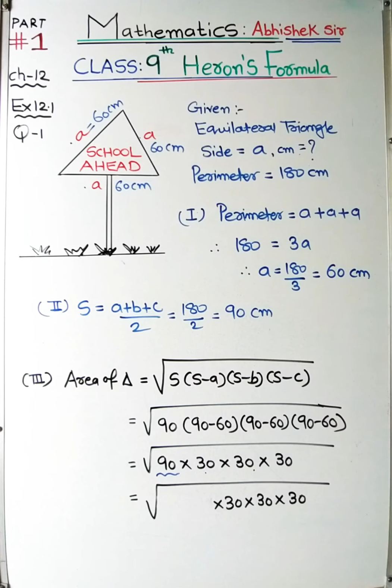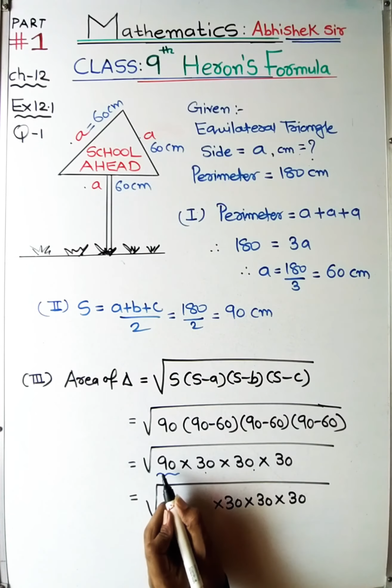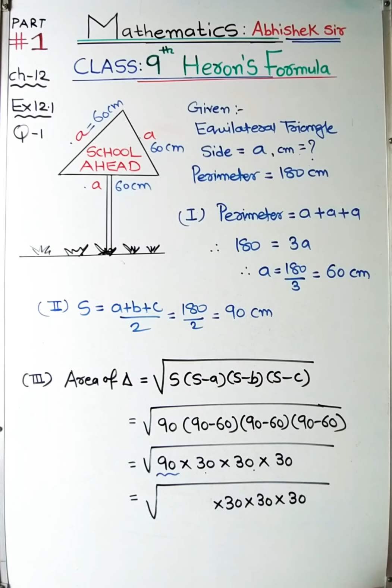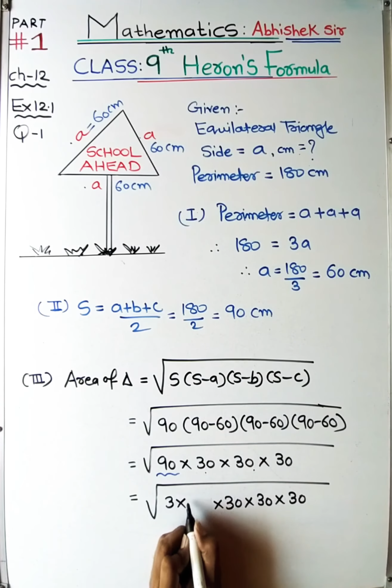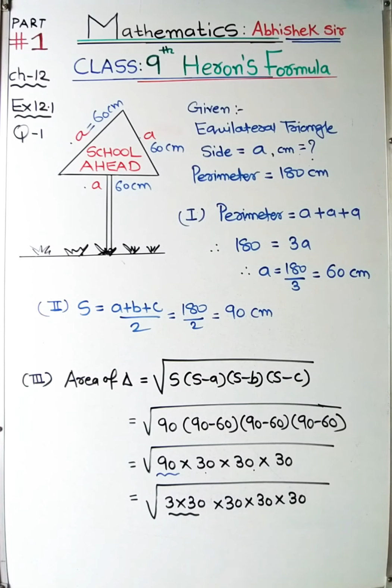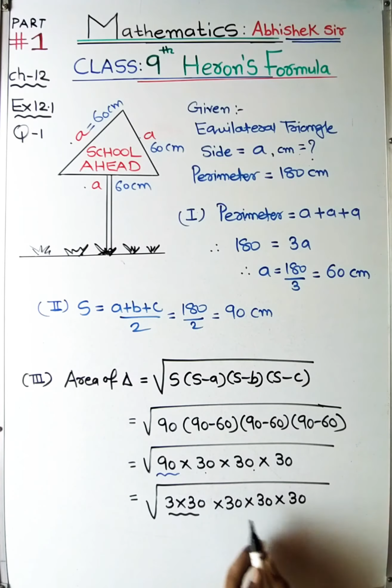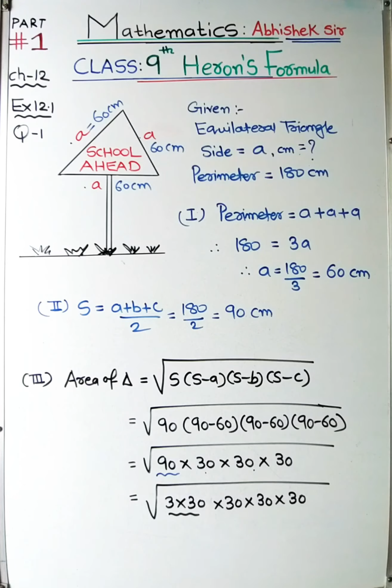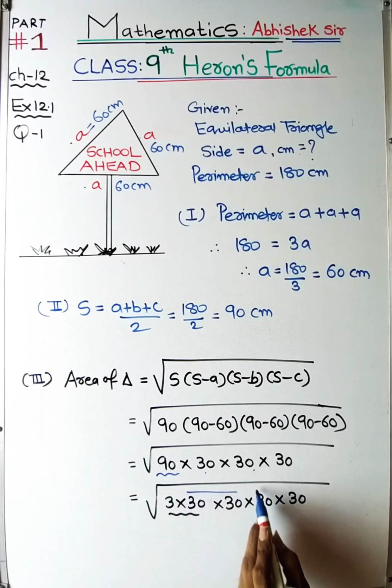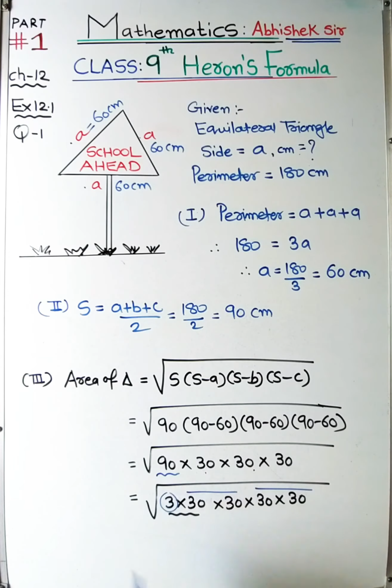Now first of all, what I am doing is to split 90 in terms of 30. So it is 3 into 30. Clear? And the rest three 30s I have repeated. So now I have 3 into 30 into 30 into 30 into 30. Now if you can see, we have one pair of 30, another pair of 30, and only 3 is inside.